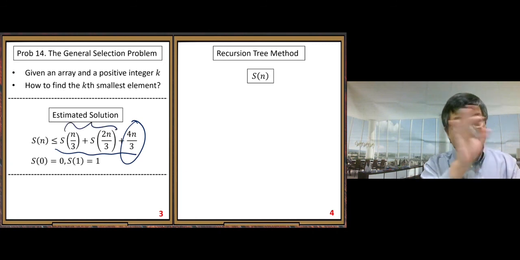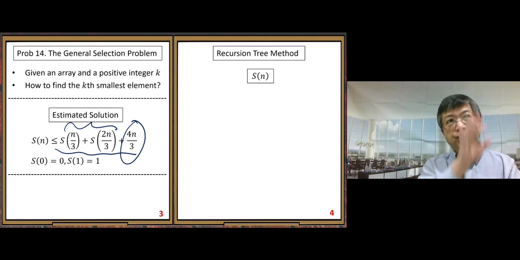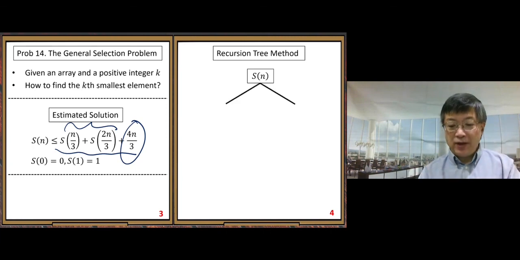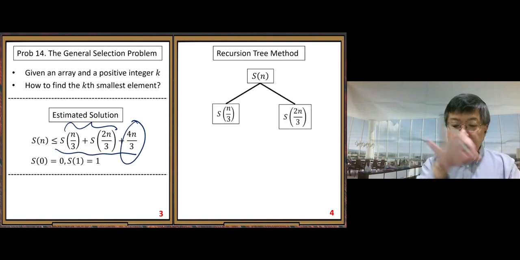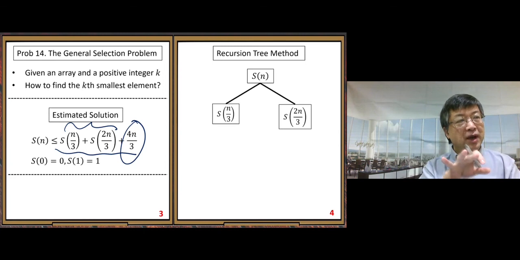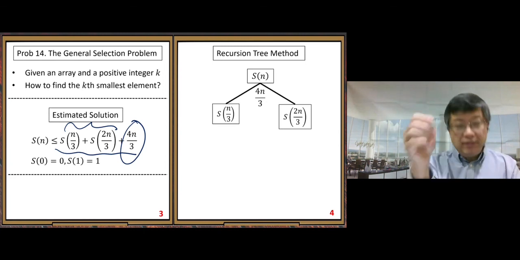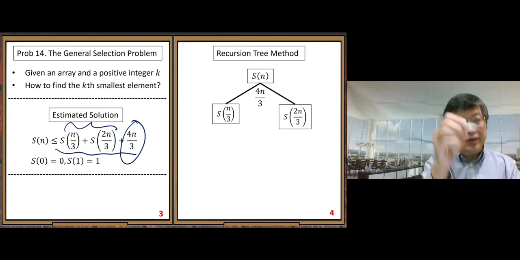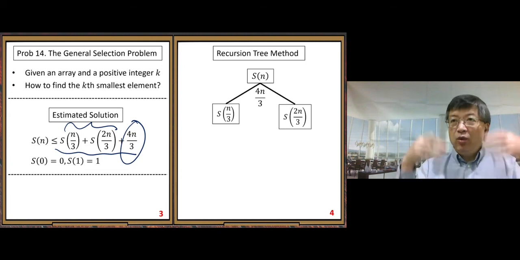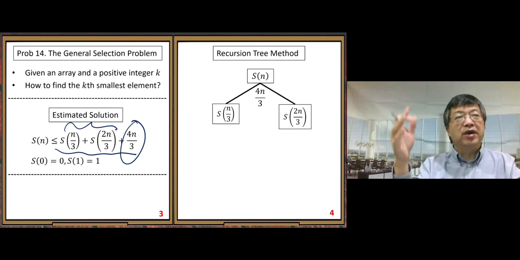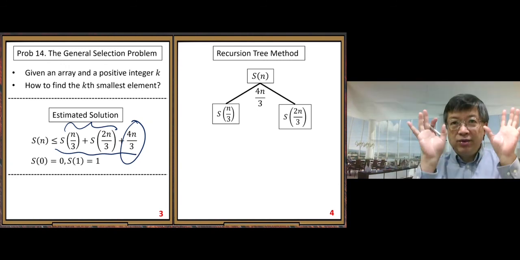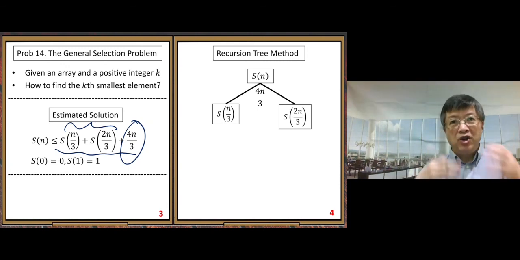Then there are two recursion terms. So we draw two branches corresponding to the two recursion terms. But the non-recursion term, we need to accumulate. So we put it there for accumulation.